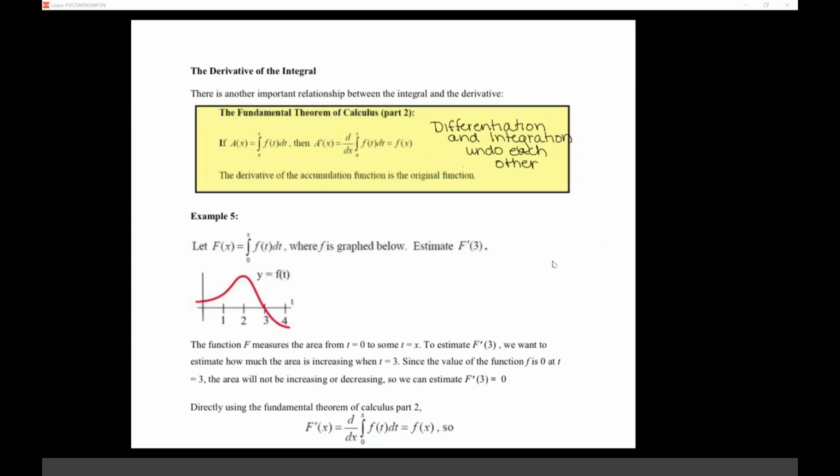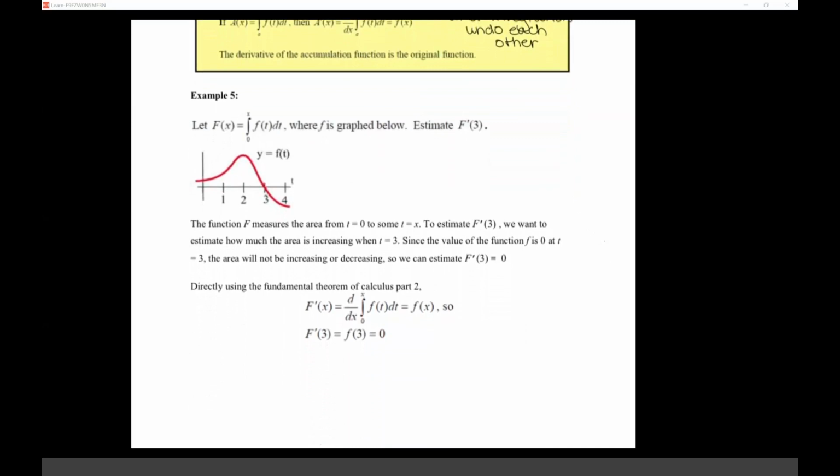Okay, now let's see how this plays out with example 5. All right, so they're saying the antiderivative from 0 to x of this function, okay, is here. And they want to know, all right, if I differentiate the integral, what do I get? Well, you get the function value, okay? F is measuring total area, okay? The derivative at 3 is telling you how much the area is increasing, okay?